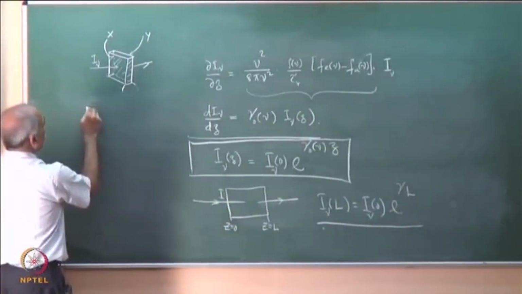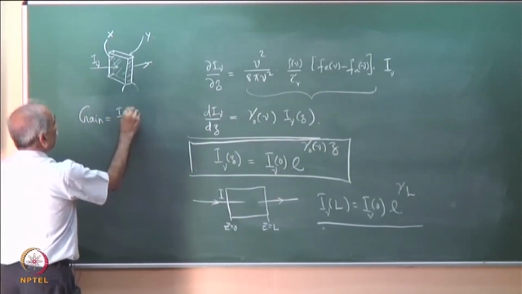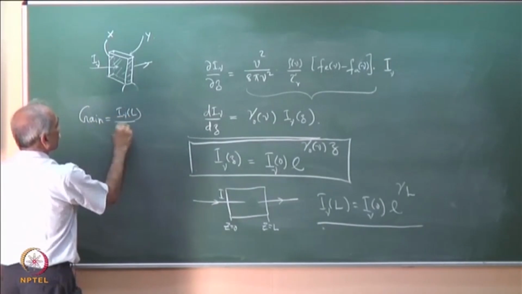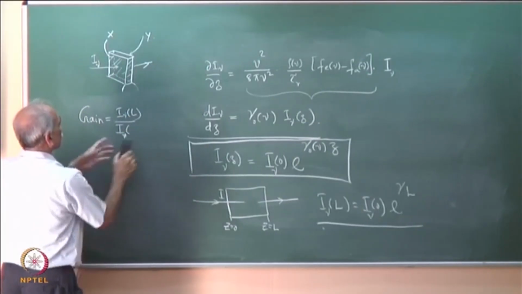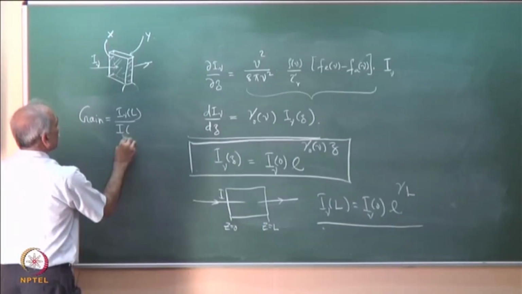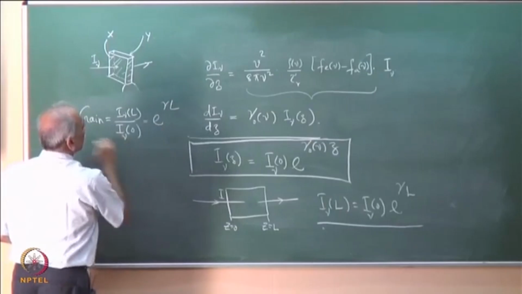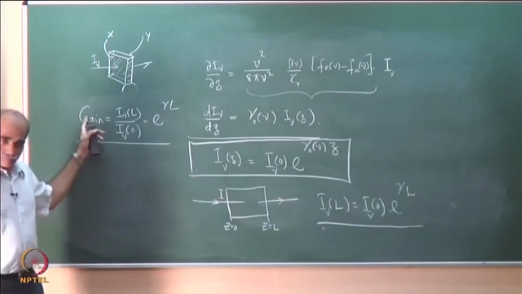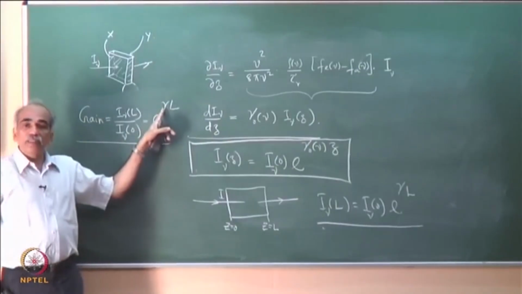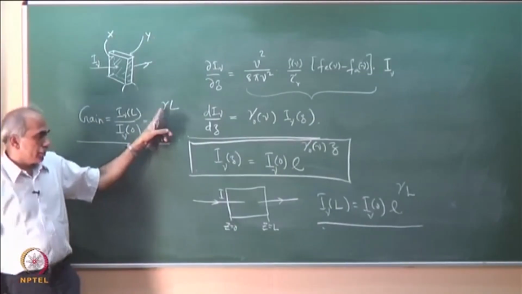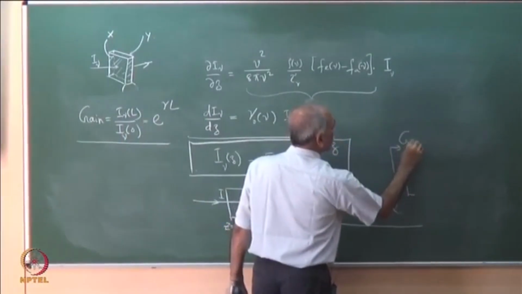Therefore, the gain is equal to I nu of L divided by I nu of 0, equal to e to the power gamma L. This is the gain, not the gain coefficient, and gamma is called the gain coefficient.